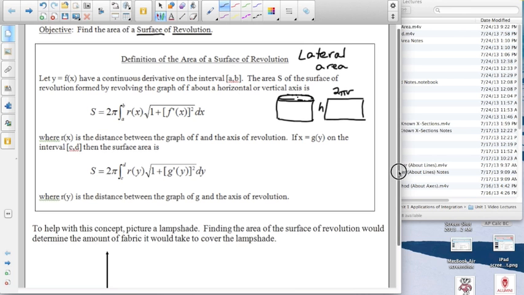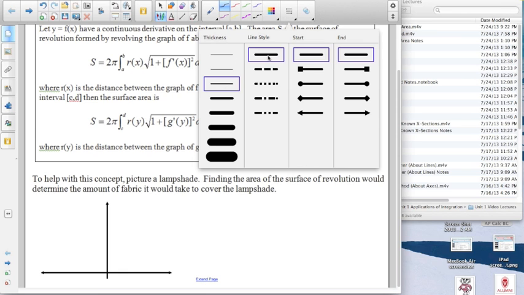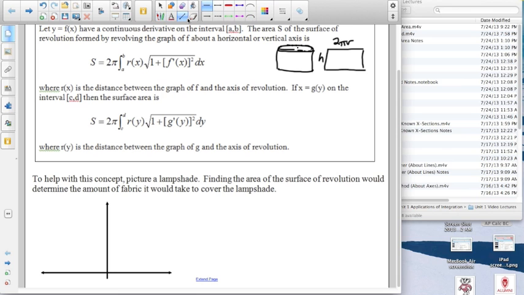So how do we give this a calculus spin, not to be punny? Let's just say we have a line here. So let's throw a line up on the page. And let's say we want to revolve that around the y-axis.